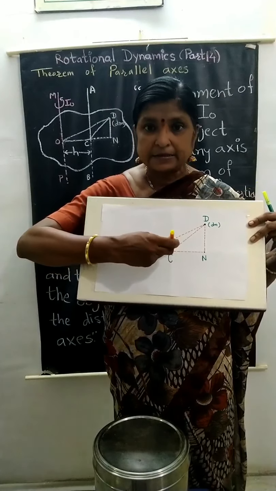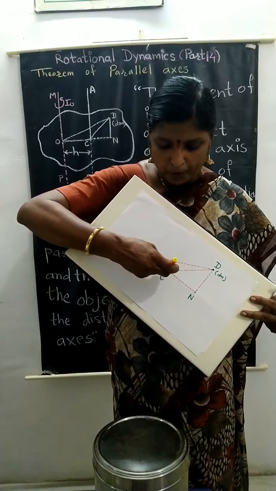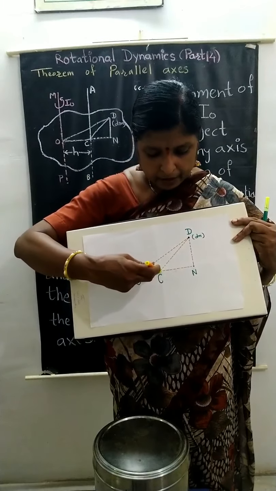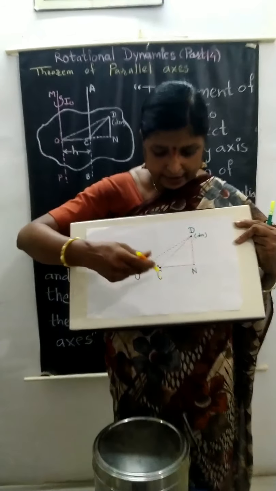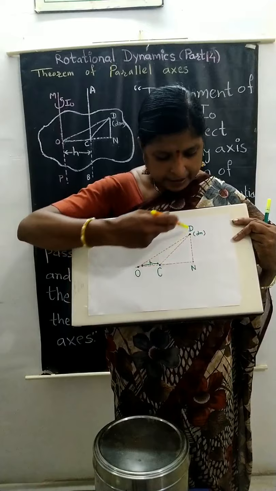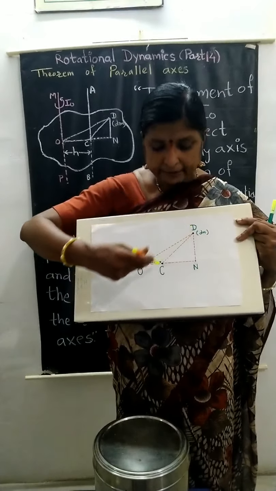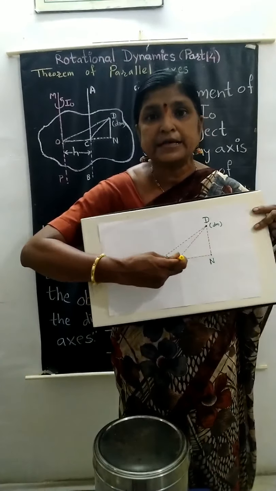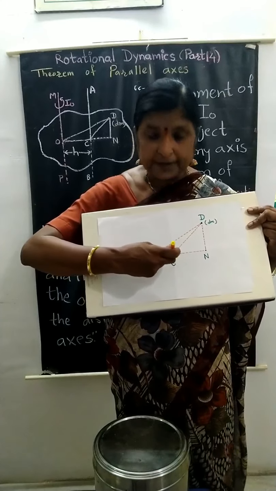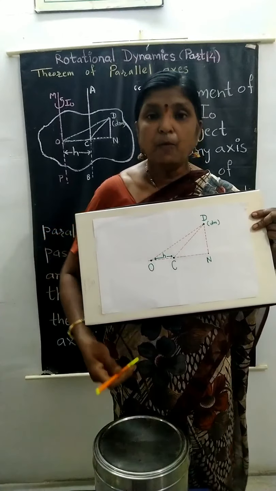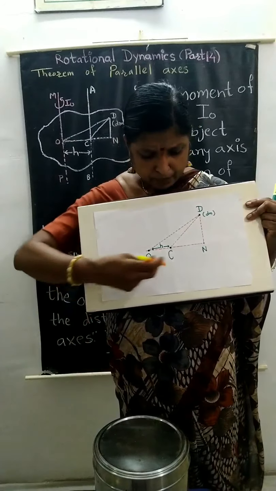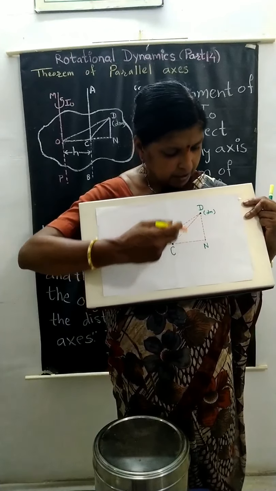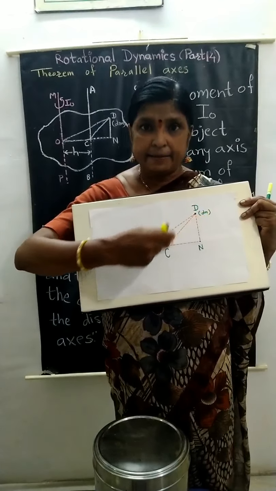When the body rotates about an axis passing through point C, then this mass dm will rotate along a circle of radius dc. dc will be the radius of the circle when the axis of rotation passes through point C. So if we have to find out the moment of inertia only for mass dm, then it will be dc square dm.